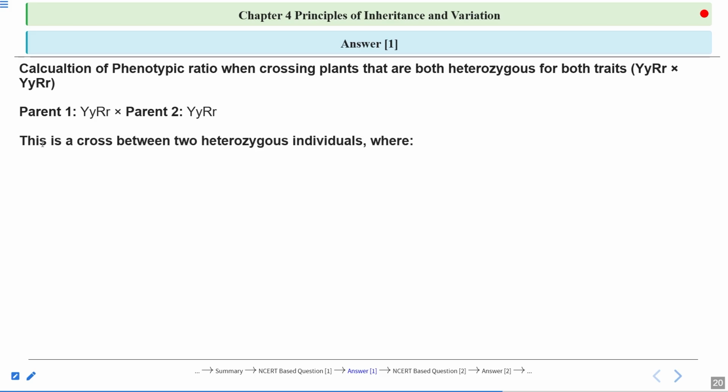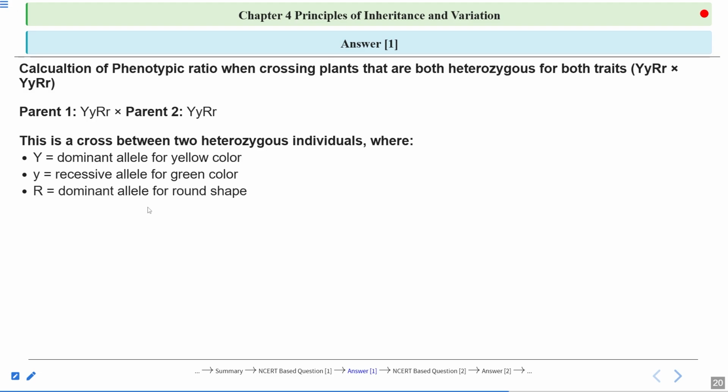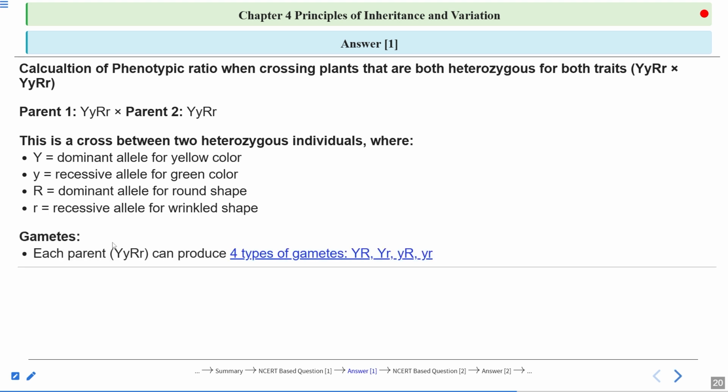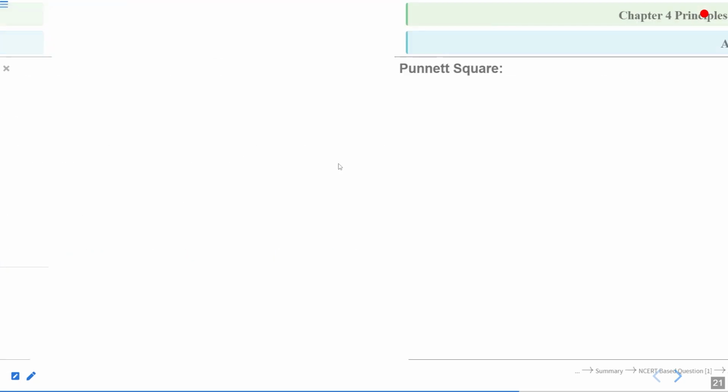First of all, this is the cross between two heterozygous individuals where capital Y is the dominant allele and small y is the recessive allele for green color. Capital R is the dominant allele for round shape, and small r is the recessive allele for wrinkled shape. Now, what are the gametes produced? Each parent can produce 4 types of gametes here. So these are the 4 gametes that will be produced by each parent.